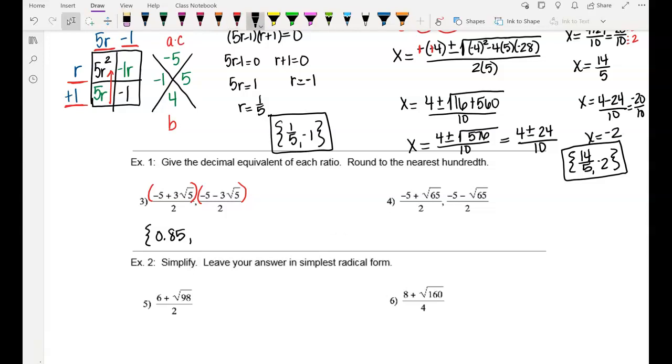The other answer that you should get is -5.85. I'm going to pause here for a moment. If you've got those answers, go ahead and work on 4. I'm going to pause for a moment for those that may be having trouble getting that answer.